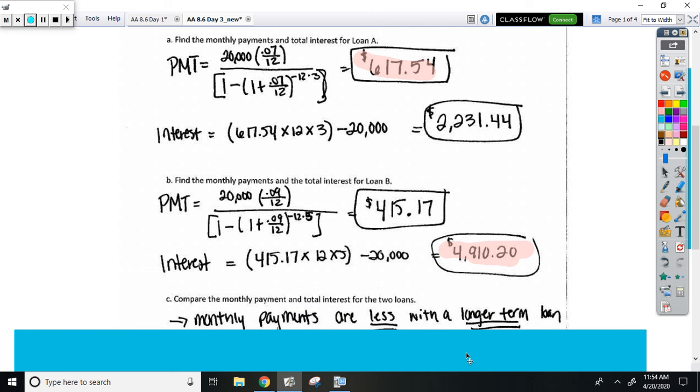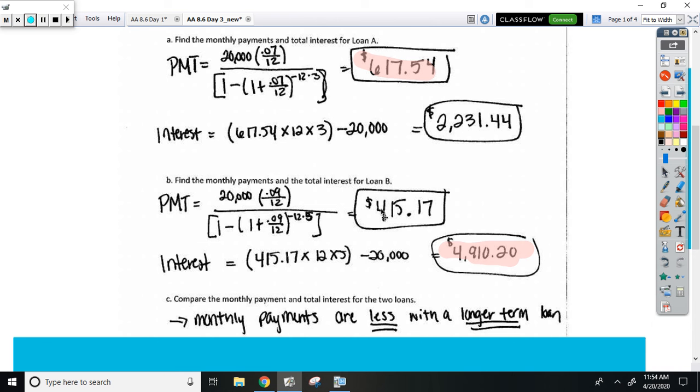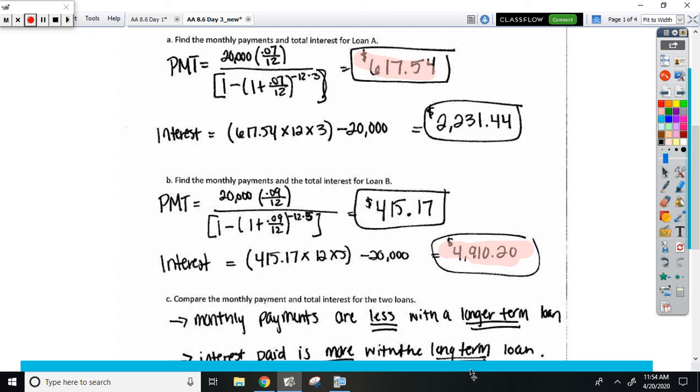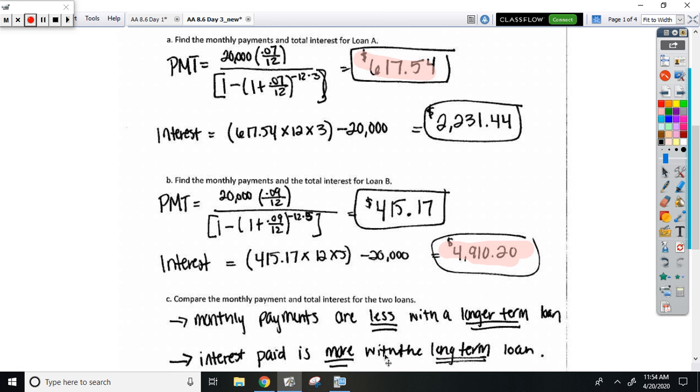So the monthly payments will be less with a longer term loan. So the 5-year loan versus a 3-year loan, the monthly payment will be less. So if you want a smaller monthly payment, you would pick the longer loan. But the interest paid is more with a longer term loan. So if you want to pay less in interest over the course of the period, you will pick the shorter term loan.